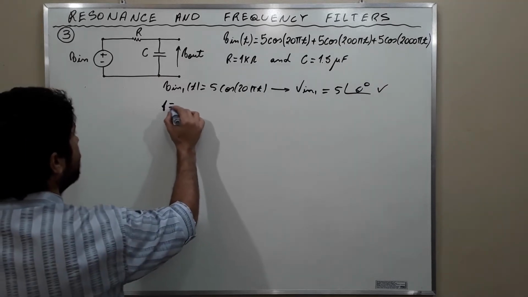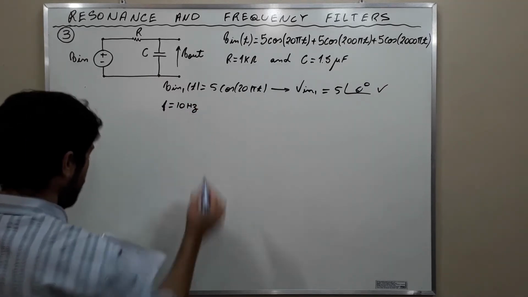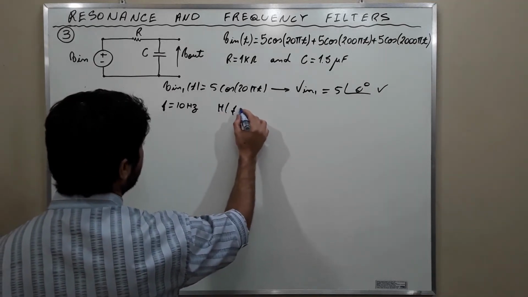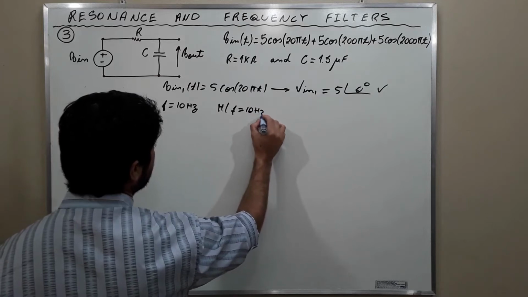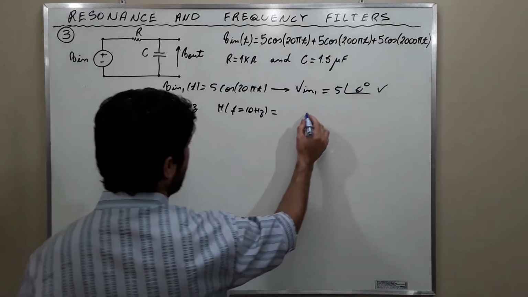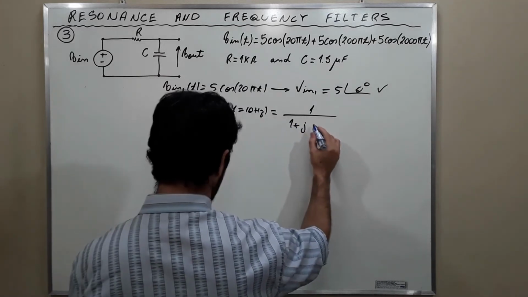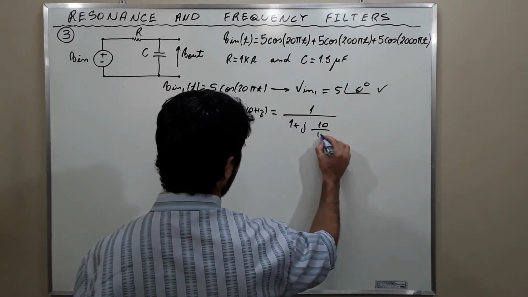Then for the frequency of 10 hertz, we find that H of f equal to 10 hertz is equal to 1 over 1 plus j 10 over 100.